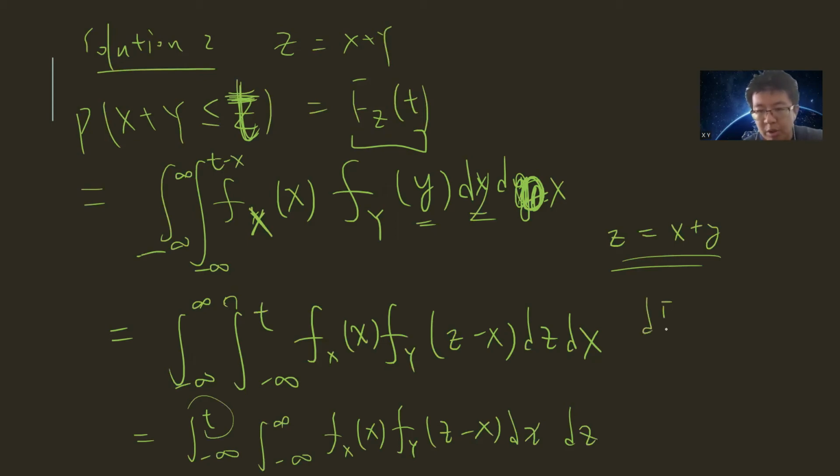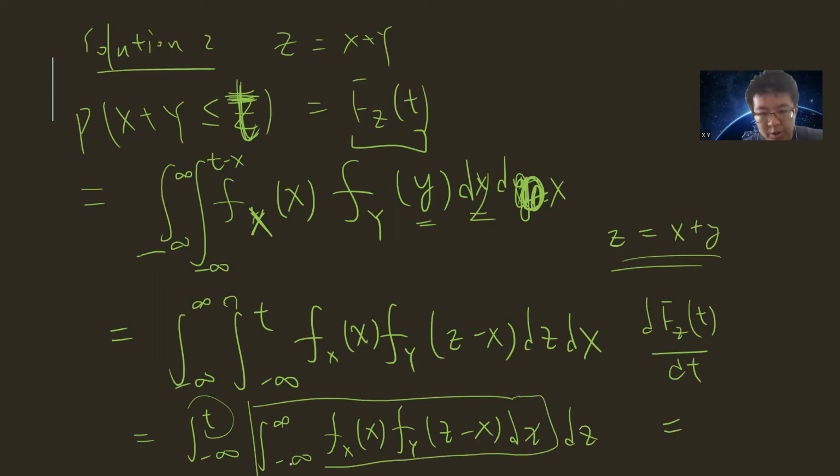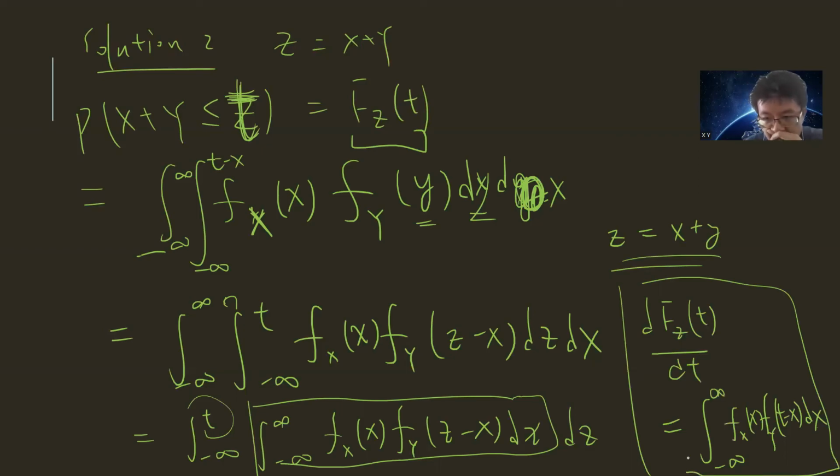So you get dF_Z(t)/dt by the fundamental theorem of calculus: the integral from minus infinity to infinity of f of x, f of y at t minus x, dx. So this is the result, and this is your PDF.